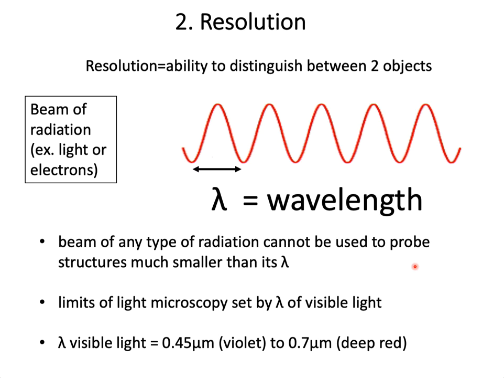Light microscopy limits are set by the wavelengths of visible light, which is in the range of 0.4 microns for violet to 0.7 microns for deep red light. So light microscopy cannot be used to probe structures with a distance of less than 0.45 microns between them. I will elaborate so you can fully understand that concept.